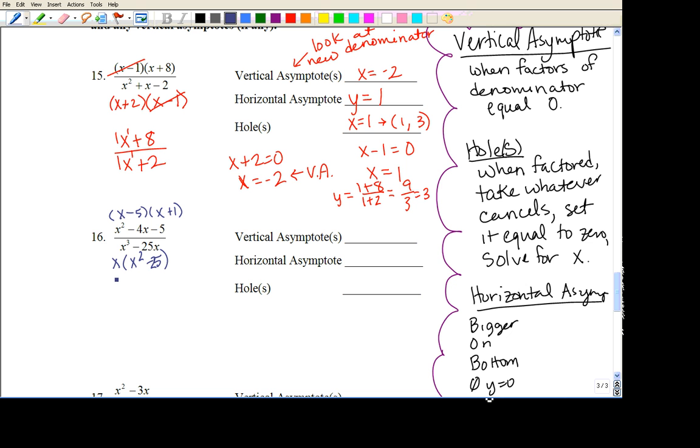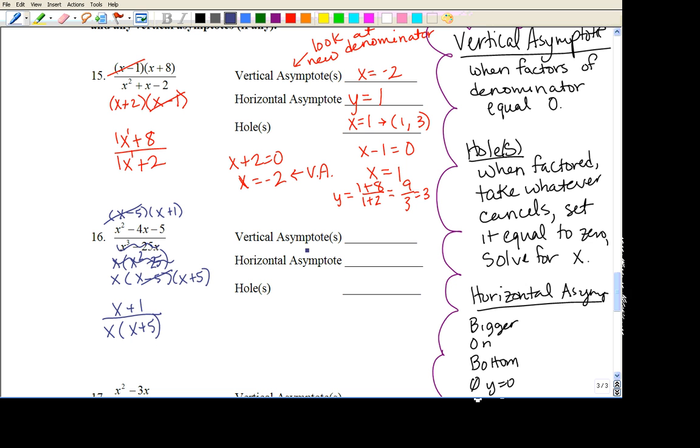But then that's a difference of squares. So we have x times (x minus 5)(x plus 5). So we're no longer looking at these two. Okay. So let's see if anything cancels, and it does. The x minus 5's cancel. So we're left with x plus 1 over x times (x plus 5).